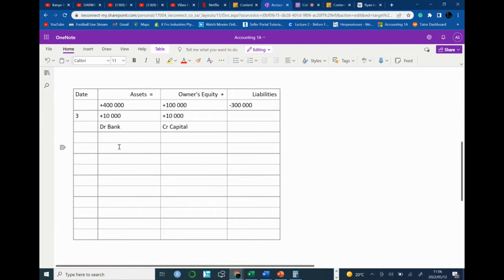On the 6th, it says the owner took 2,000 from the business bank account and used half to buy stationery and the rest for personal use. Doc number P9. So basically we have drawings and we have stationery. Let's start with the stationery. You're going to credit bank, and stationery we know is an expense, so we're debiting stationery.